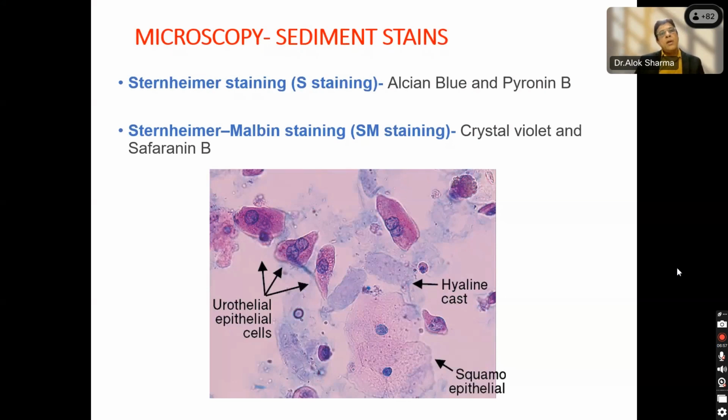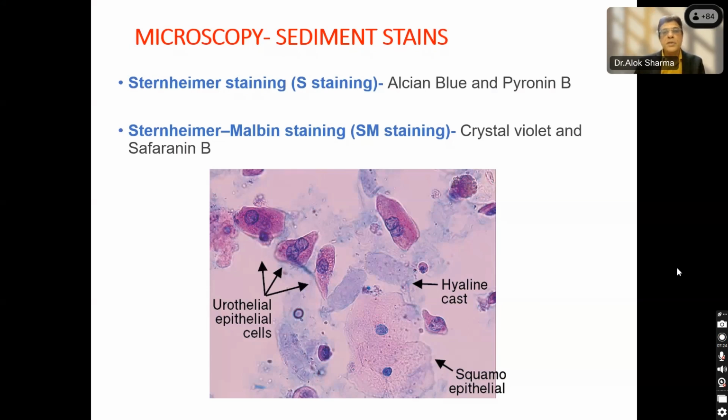There are a lot of general stains. You can use them if you want to look at the cellular elements in greater detail and differentiate them from one another. The S and the SM stain are the most commonly used. The S stain refers to the Sternheimer stain, which is a combination of Alcian blue and pyronine. And the SM stain, or the Sternheimer-Malbin stain, is a crystal violet and safranin combination.